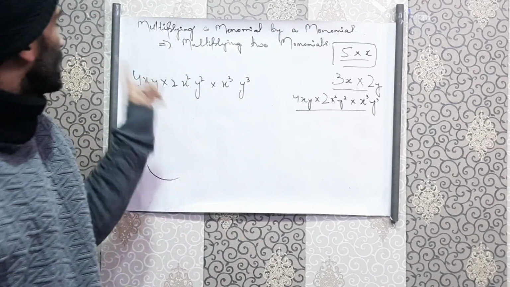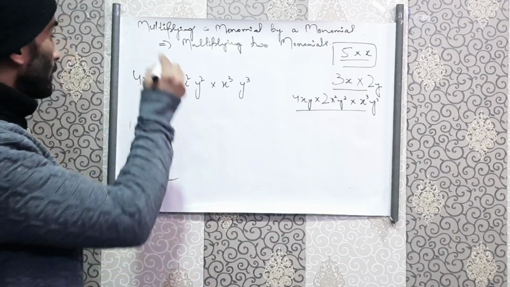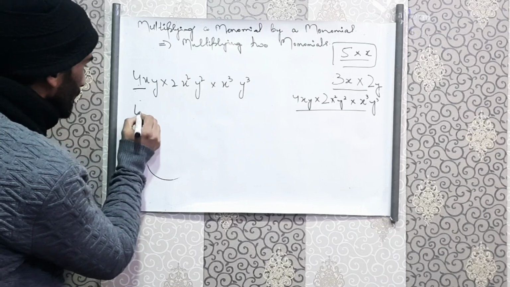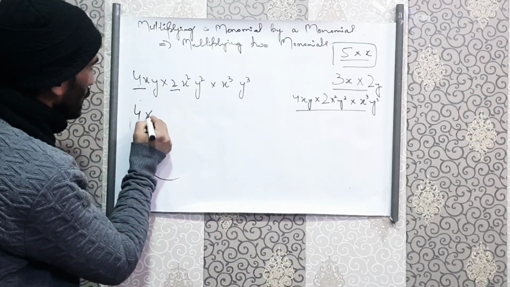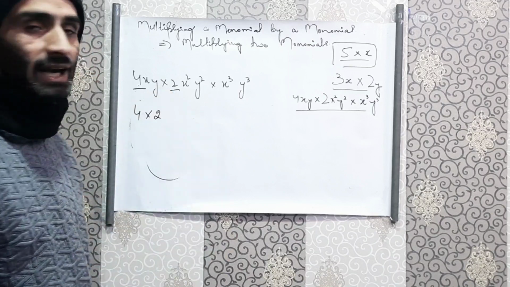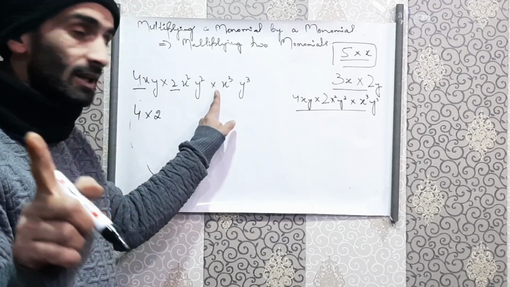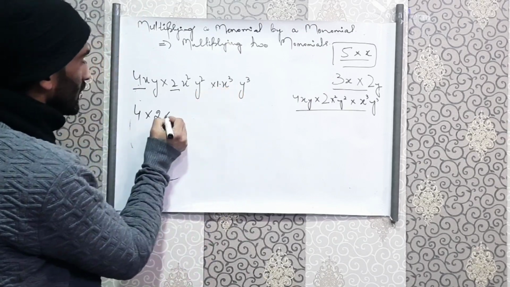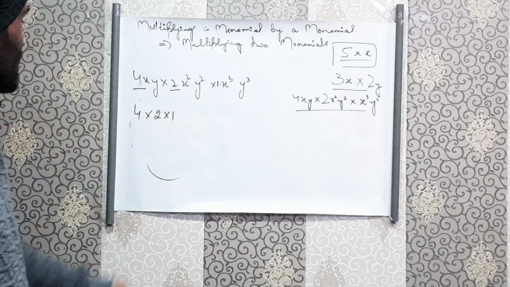What do we have to do in this? Already I told you that we have to multiply coefficient by coefficient. Here the coefficient is 4. Here the coefficient is 2. Clear, my dear? Here there isn't any coefficient, but as we discussed in the previous lecture, when there isn't anything, we can write 1. So these are the coefficients.